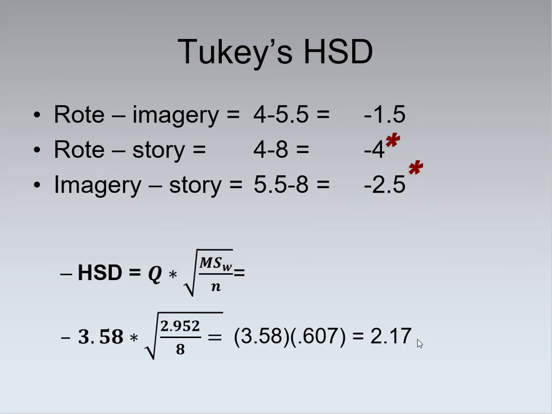it can be positive or negative, because you can do rote first in this case or imagery first. It doesn't matter. There's no rhyme or reason as to which we do first. So remember, for the honest significant difference, it comes down to absolute values. We have negative 1.5. That is not further away than 2.17.